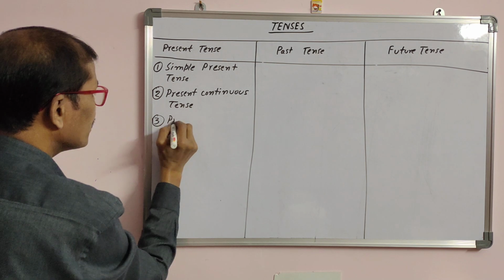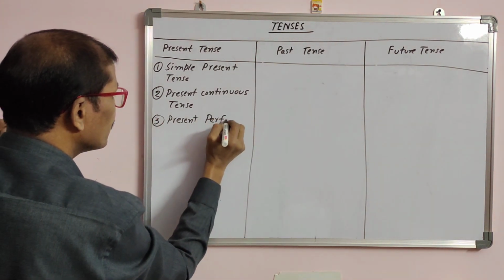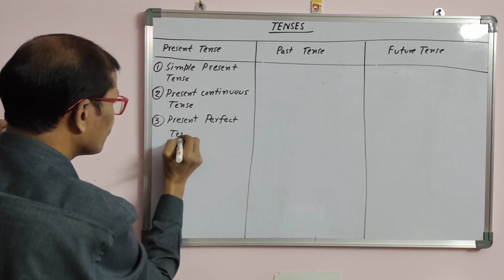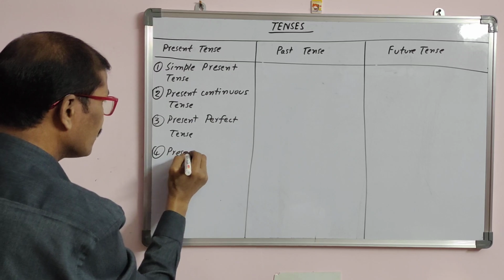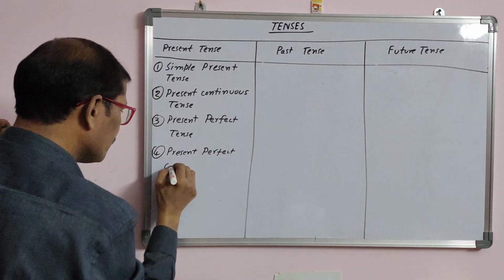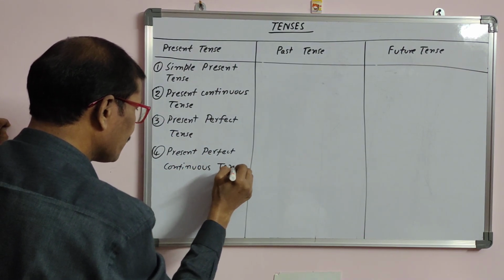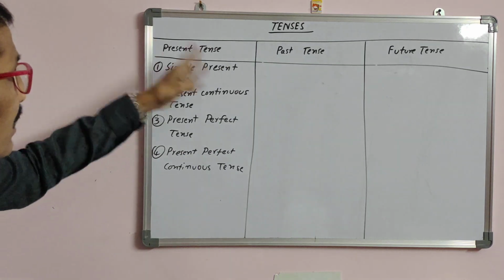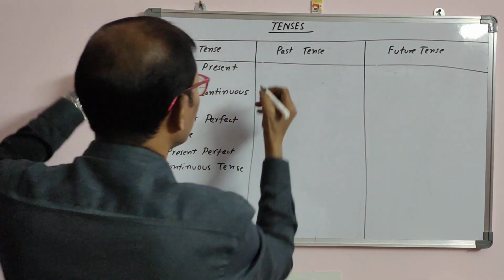Third one is present perfect tense. Fourth one is present perfect continuous tense. Okay? And likewise in past tense, just in the place of present we can write past.